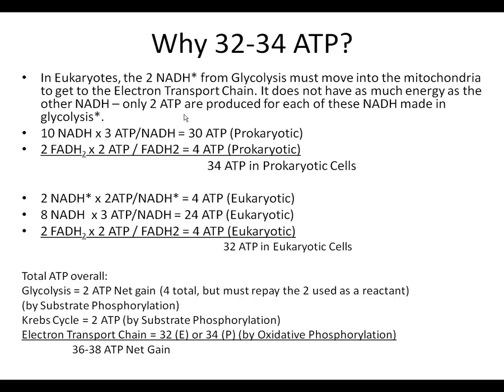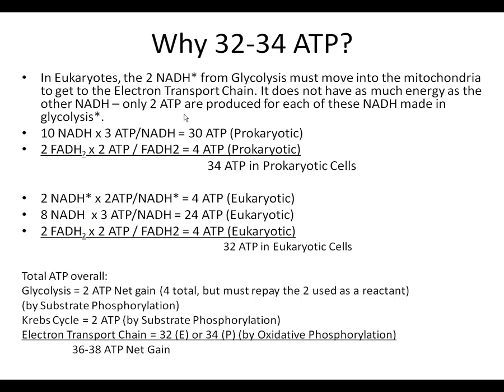In the eukaryotic cell, we have our 2 NADH from glycolysis, which are only going to give us 2 ATP each. So we have 4 ATP there. We have 8 from the Krebs cycle. 8 times 3 is 24, and then our 2 FADH, again, we get 2 ATP from each, and that gives us 4 ATP.